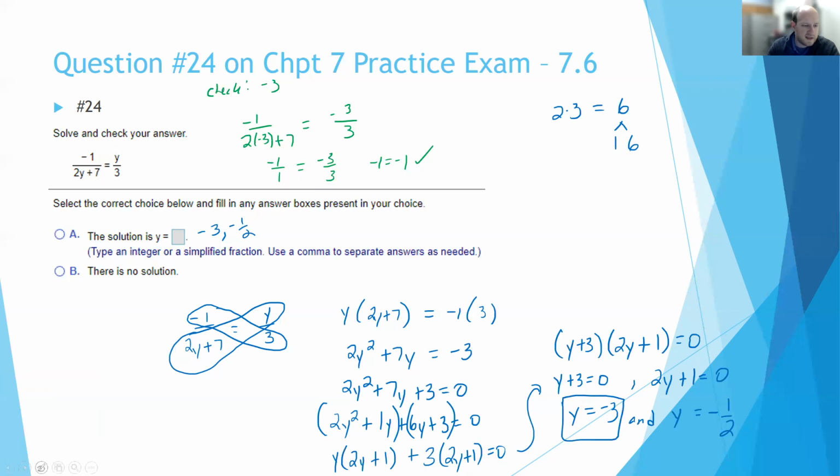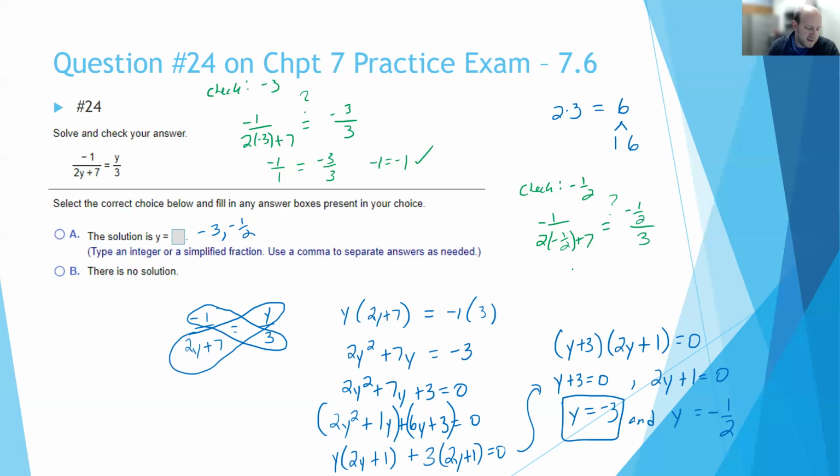And then let's check the -1/2. Let me do that over here. So I'm going to check -1/2. Sorry, this is so messy. -1 over 2 times -1/2 plus 7. Does this equal each other? -1/2 over 3.